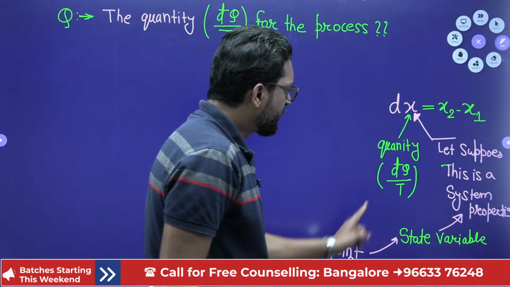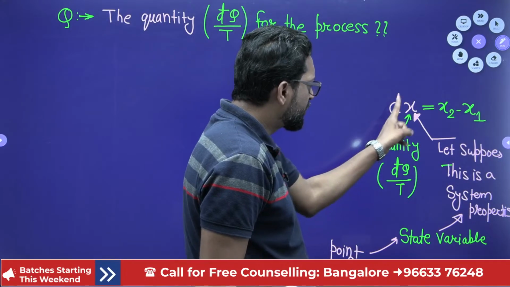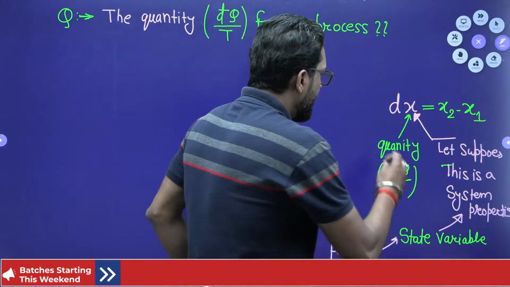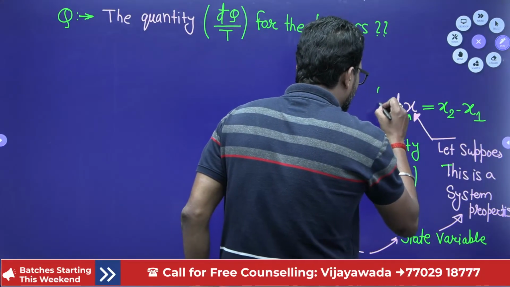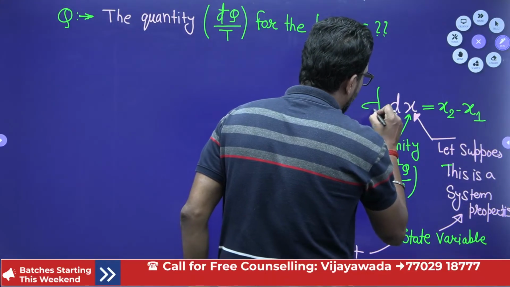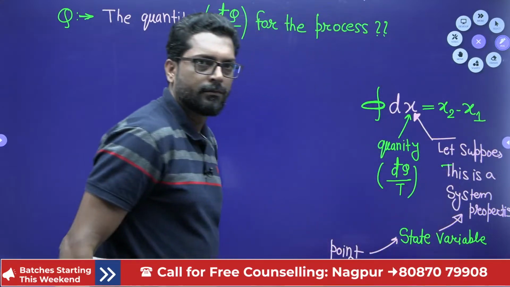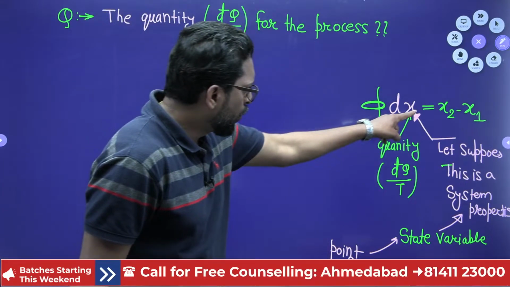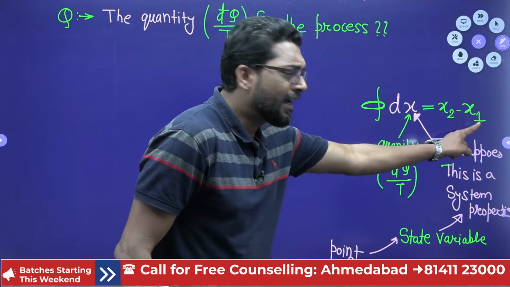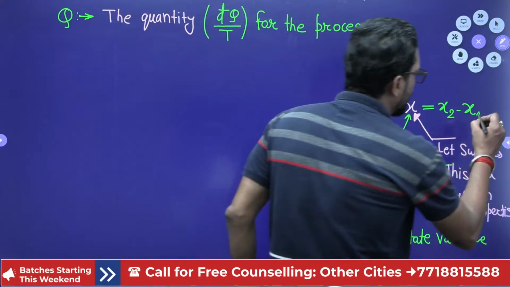Now, if this is a point function, its change is exact. If we take the integration through a cycle, the points 1 and 2 are the same, so this is 0.